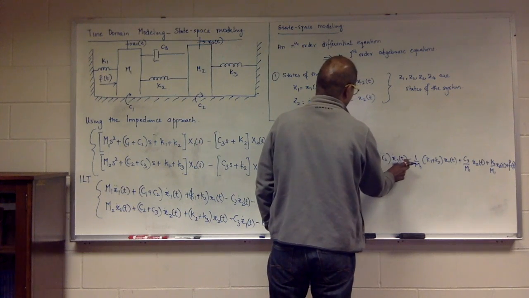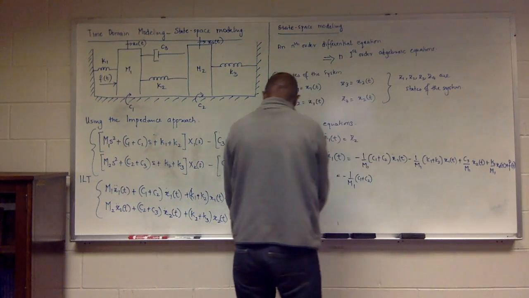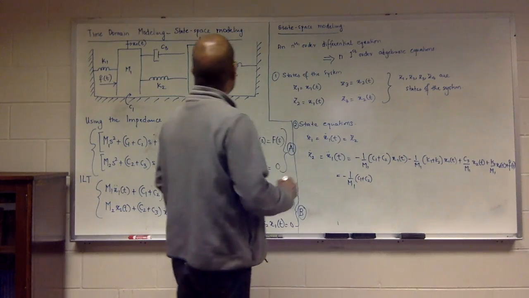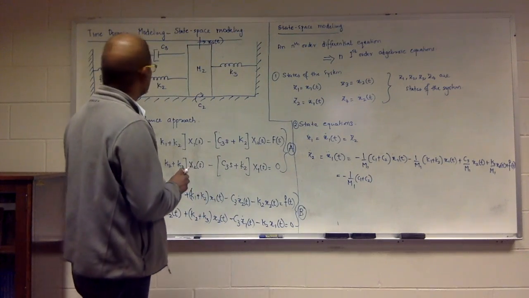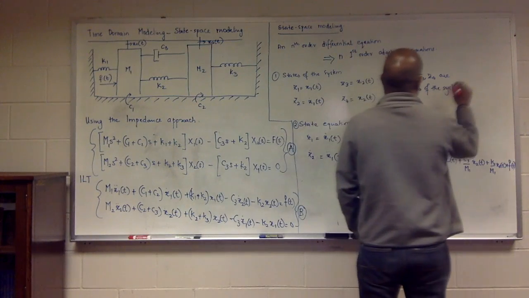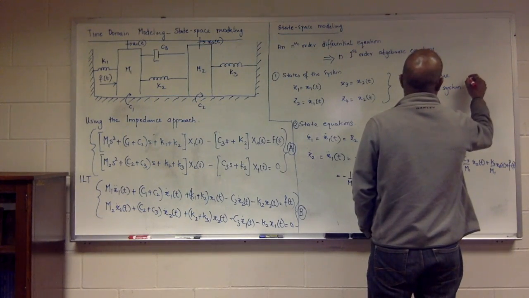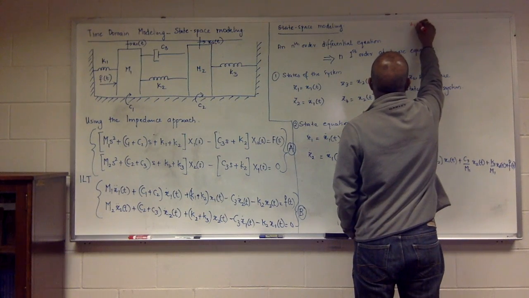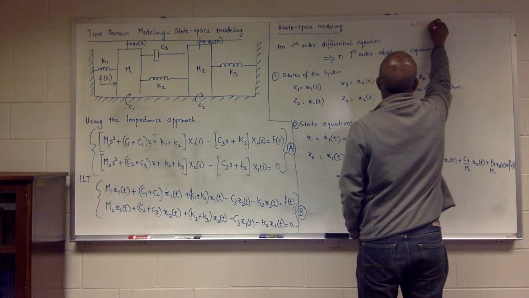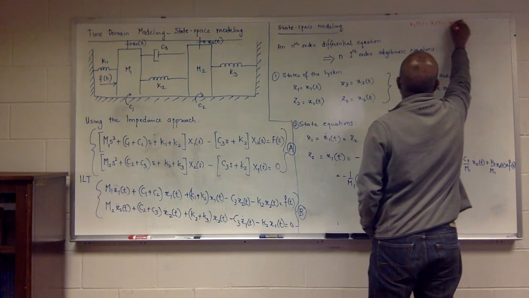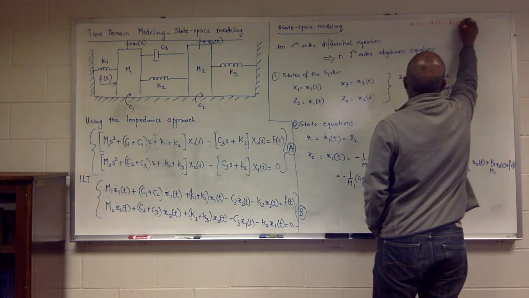So what is this? What is the state variable associated with? Keep in mind, what are x1 dot, x1 double dot?